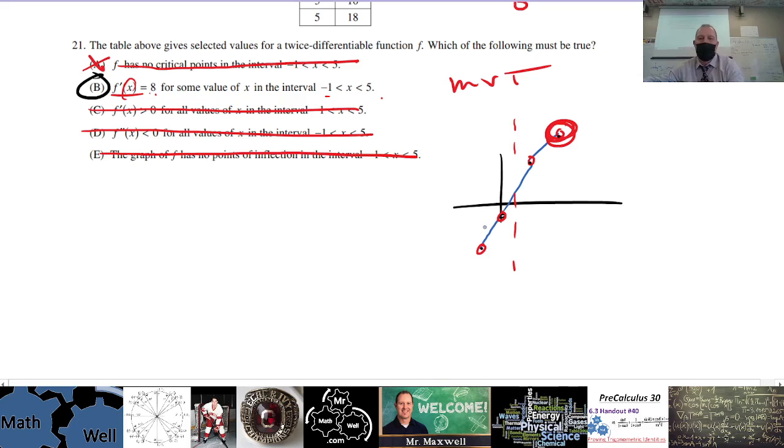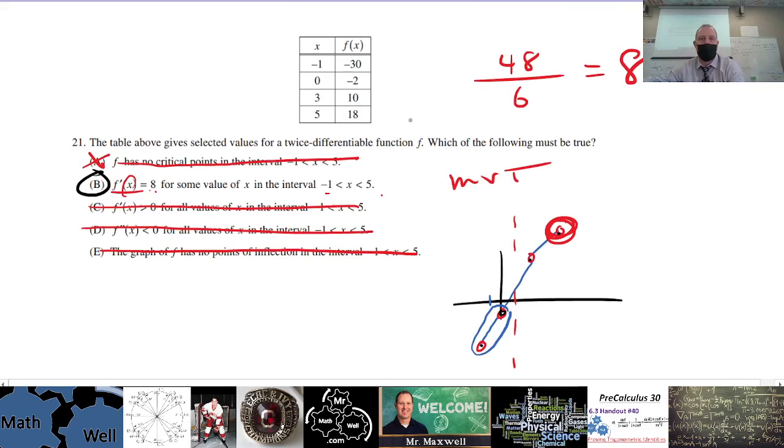So could you say that whatever this slope is between the first 2 points, that there must be some value in here that has the same slope? Yeah, we could say that. Totally. If this slope, what's this slope? A slope of 28.